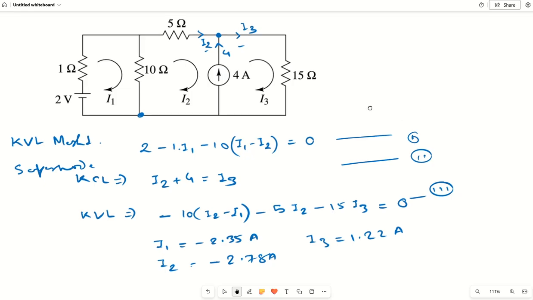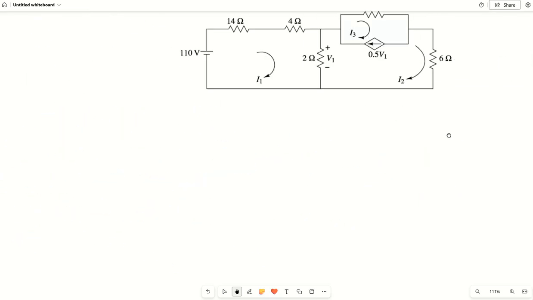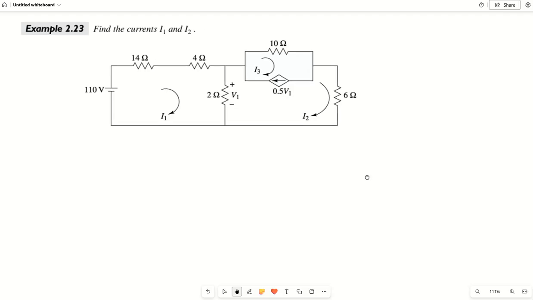Okay, so now let us consider another numerical which contains a dependent source. In the last class we discussed dependent sources, and we said that in the next class we will consider supermesh analysis containing a dependent source. Here, current directions are already given: I1, I2 and I3 all clockwise.